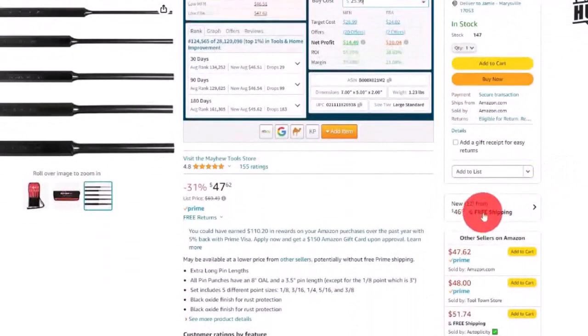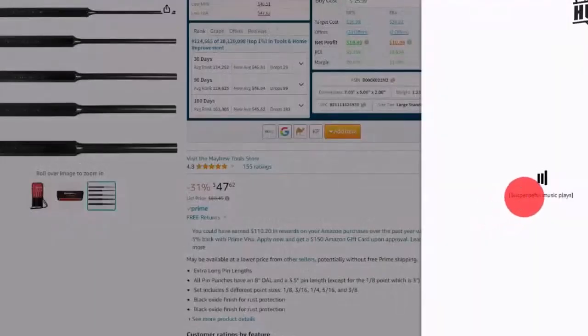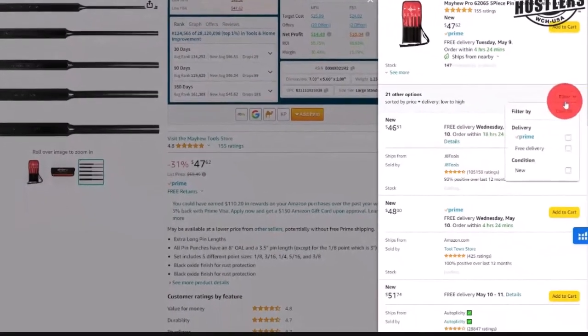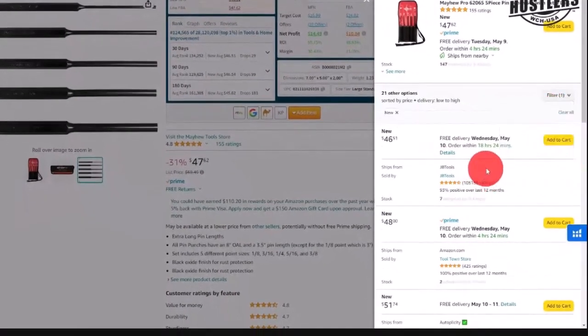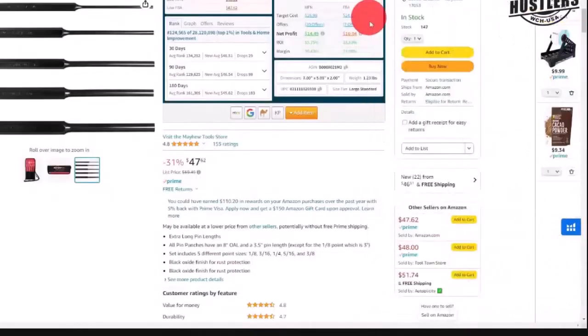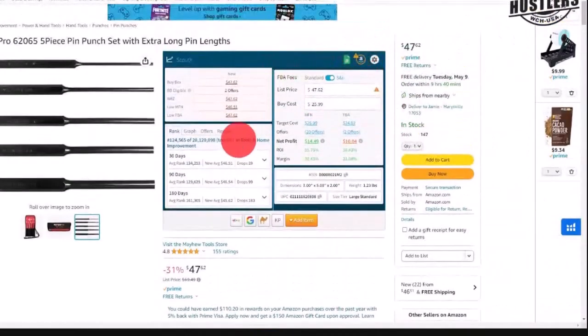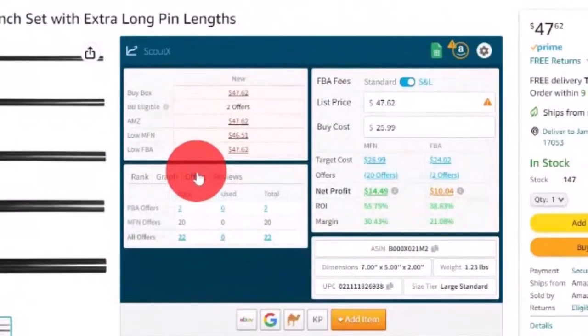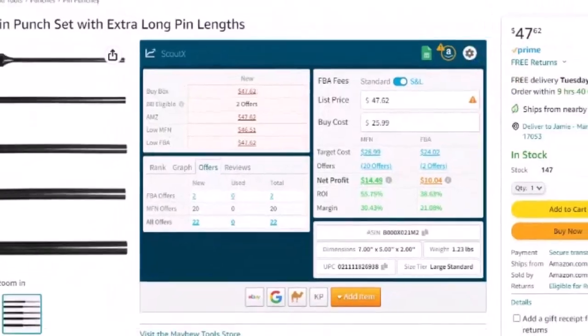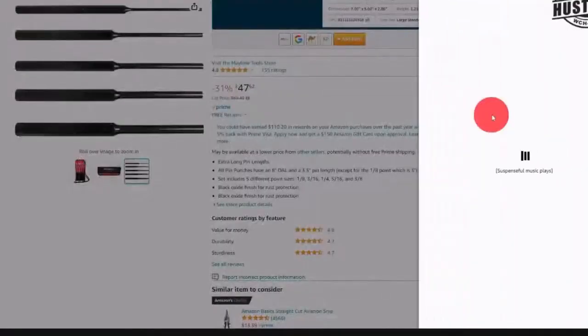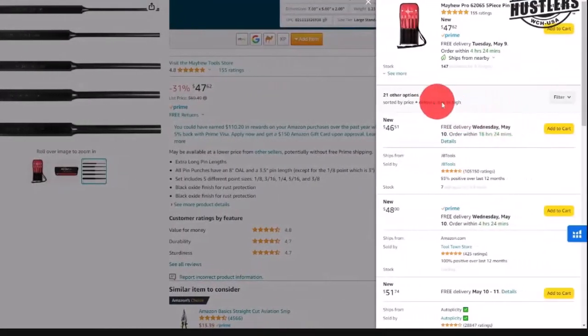Again, we've got 22 people selling this product. All right. And you can just look across the board. Actually, what you could do, if you had Inventory Lab, you could just click on offers and you could see you've got 2 FBA offers, 20 merchant fulfilled. I don't know how accurate that is, but let's just see.